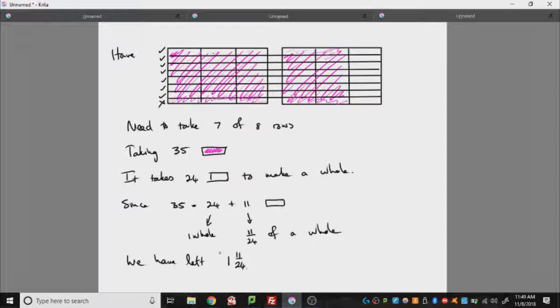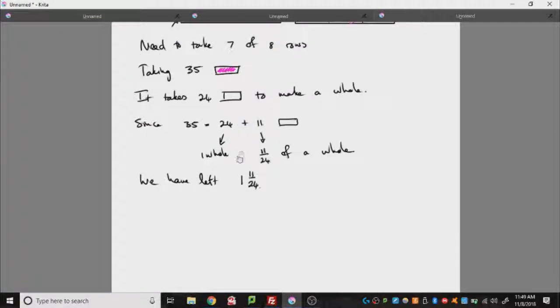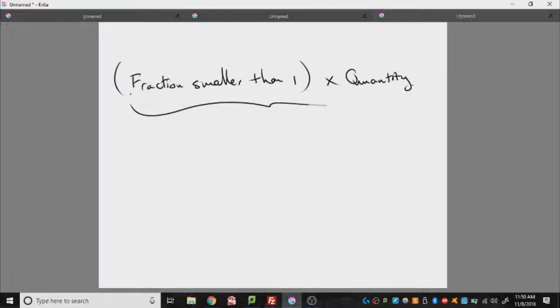Even though, ironically, later on, you never use mixed numbers at all. But any thoughts on that? So when it's a fraction smaller than 1, of course all positive, times a quantity, then this is certainly interpreted as a portion.